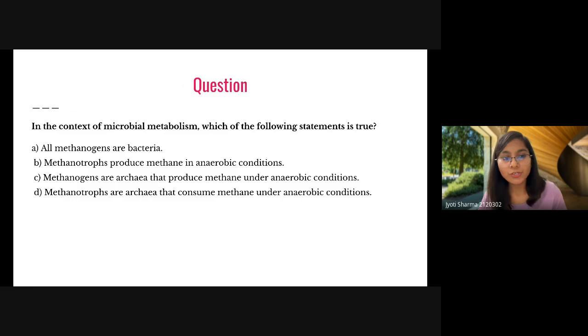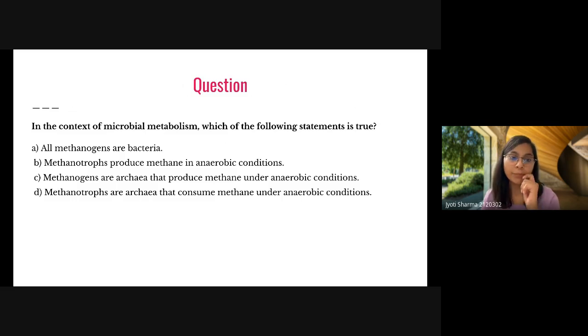Okay, the next question is, in the context of microbial metabolism, which of the following statements is true? And the options are: A, all methanogens are bacteria. B, methanotropes produce methane in anaerobic condition. C, methanogens are archaea that produce methane under anaerobic condition.